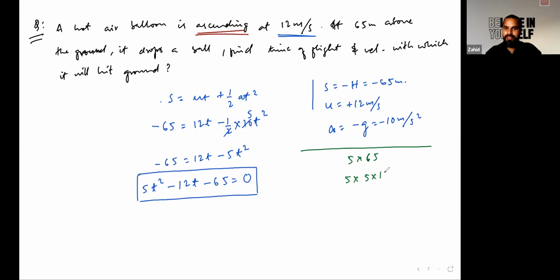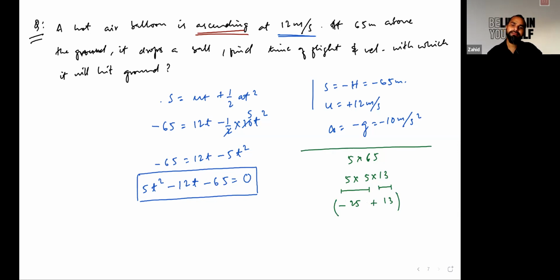It will be 5 times 13. I'll rearrange these factors to get the middle part. It would be 5 into 5 and 13, so it will be nothing but 25 and 13. Since 12 is negative, the larger number would be negative and the smaller number would be positive. This will give you 12.